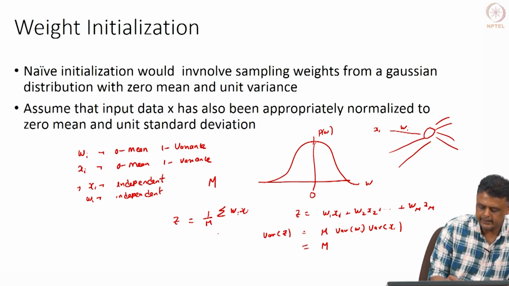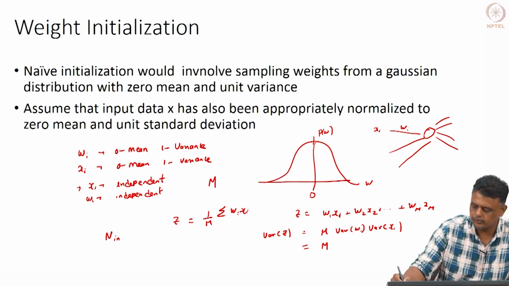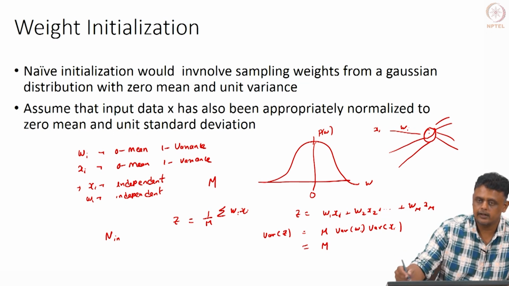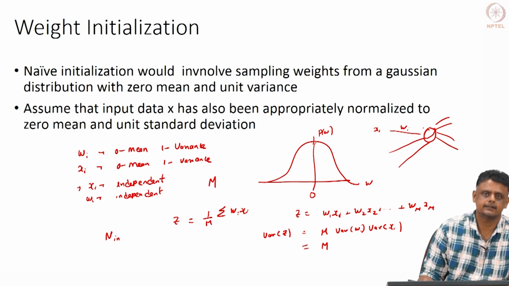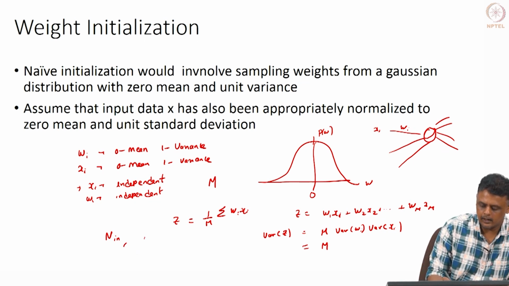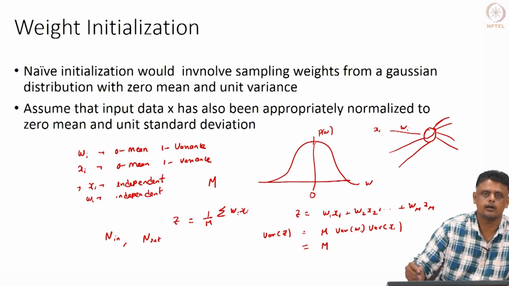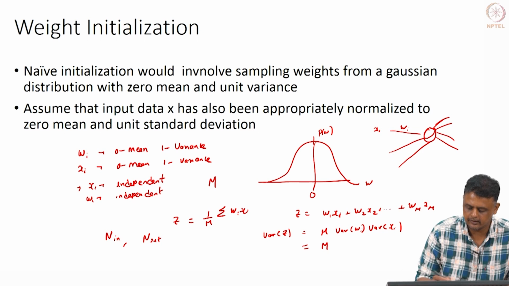Typically we would say n_in instead of m, which is basically the number of weights, or the number of neurons, that are feeding into another neuron in the next layer. Okay. Another terminology is n_out, which is the number of neurons or the weights emanating from a neuron in a layer. Okay. So, you have to keep track of that.